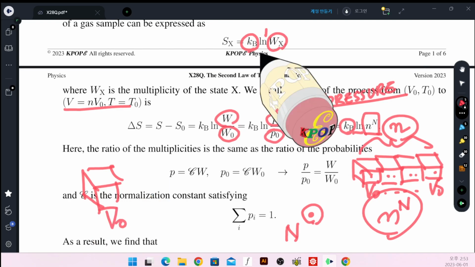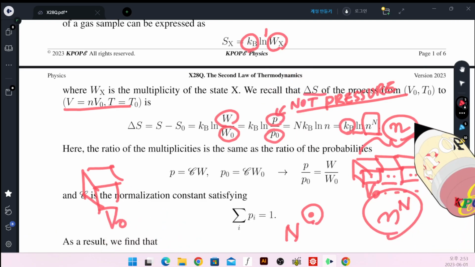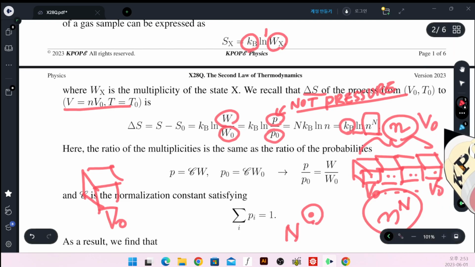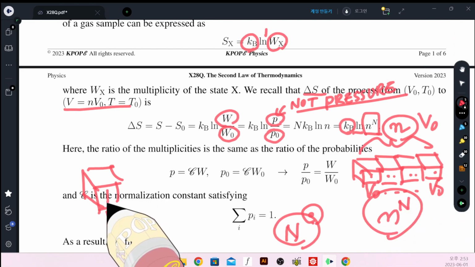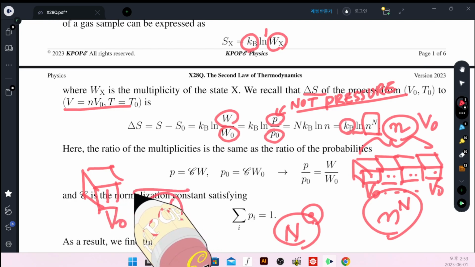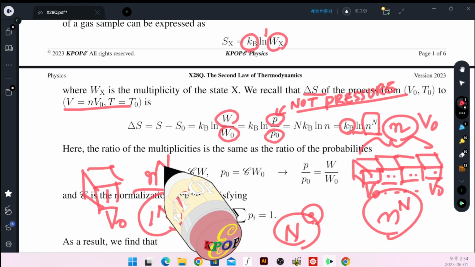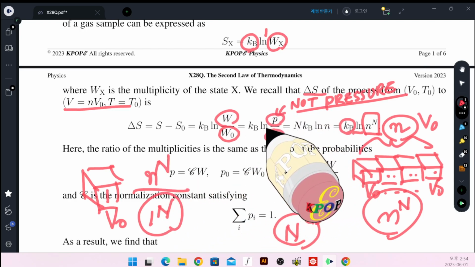After the expansion to n beams from V0 to n times V0, we have a multiplicity of order small n to the capital N in comparison with only a single beam to the capital N. And we have a ratio of multiplicity of the final state in comparison against the initial state.